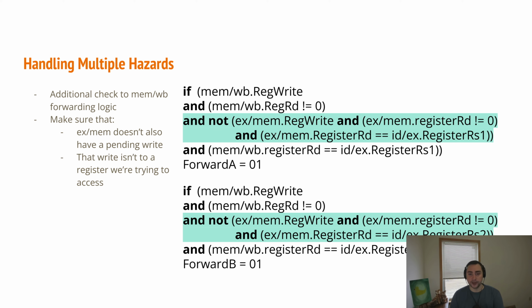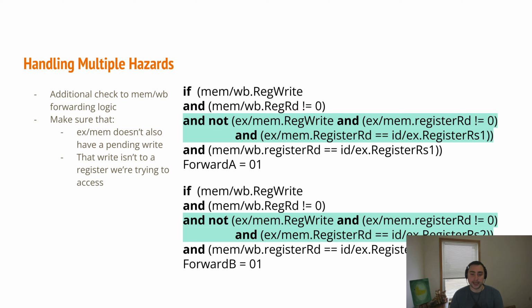So that's roughly all we're doing here. All we've done is say, are we doing a write? Is the write to a valid location? Is the value not already being forwarded from our execution mem pipeline register? And if so, we can actually forward the value here. So if our destination matches the source, then we can forward from our mem writeback stage.